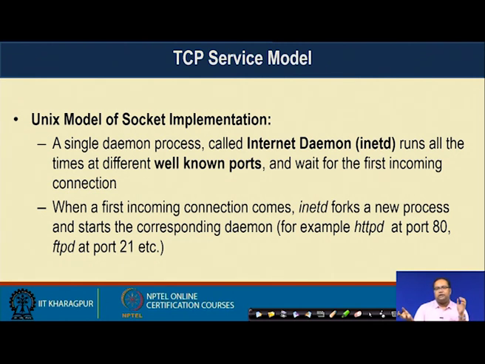So, it will start that daemon process and create the socket at port 80 at the server and some random port at the client, and start receiving the HTTP packets. Similarly, for the FTP protocol, FTPD will start at port 21.